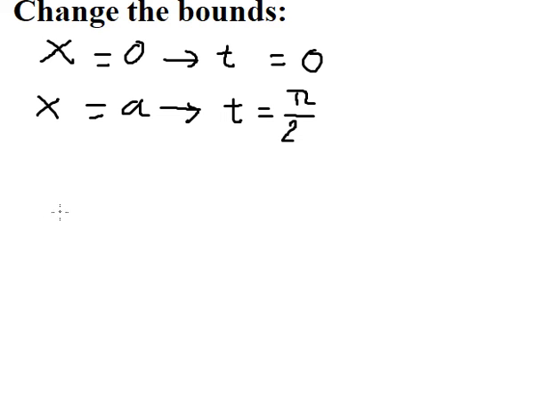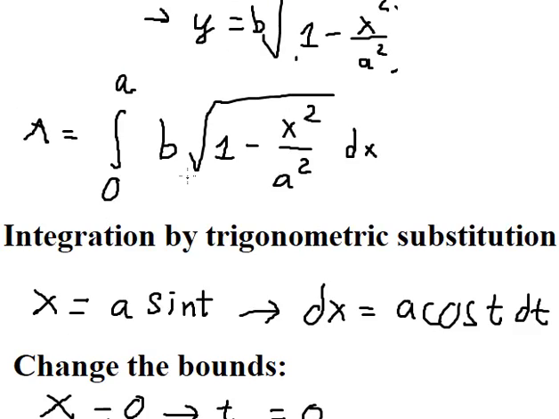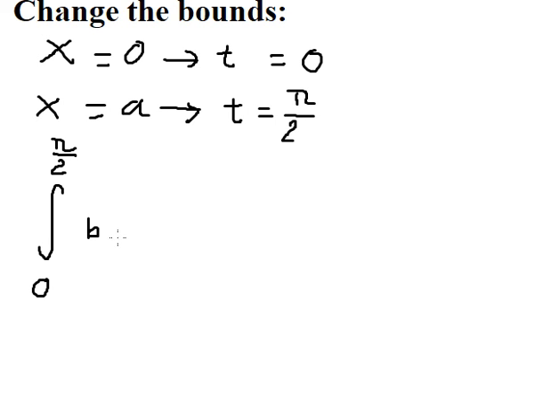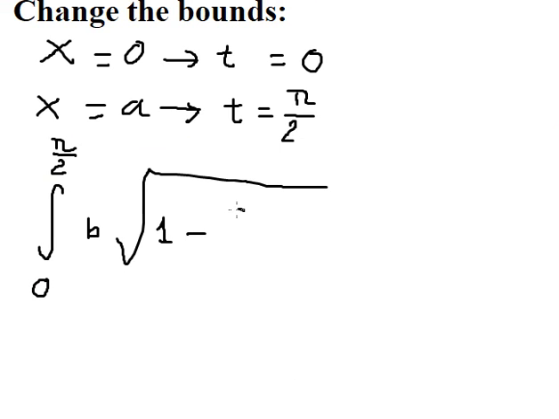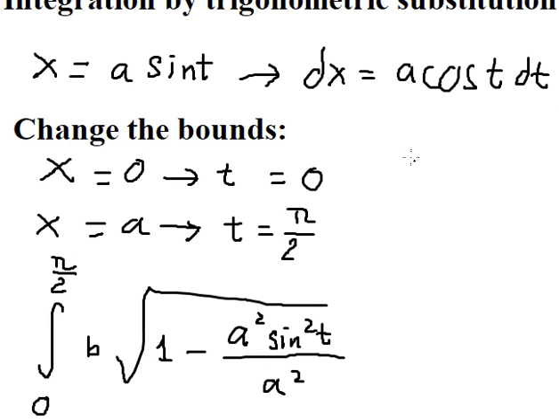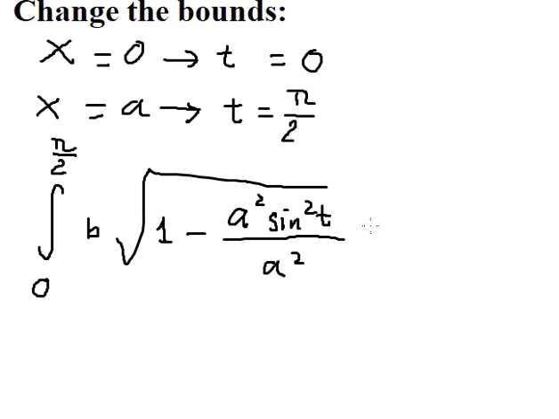And now we have the new integration. Number 0 we keep the same. a we change to pi over 2. x we change to a sine t, so we have a square sine t square over a square. dx we change to a cosine t dt.